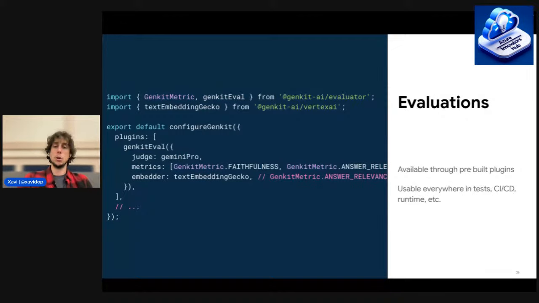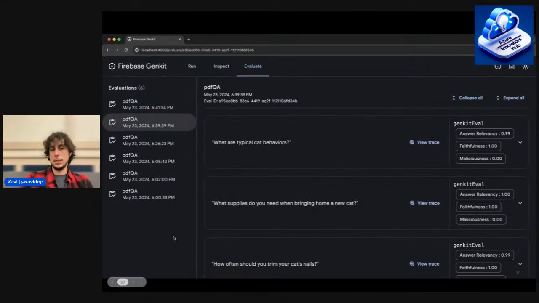Okay, you can also create your own evaluations to make sure that, with some user inputs, your AI application is working properly. Okay, as I said, the evaluation is also an important piece, and that is also available in the UI. I will show you in a bit, but here, for example, you have different evaluations, and in this case, you have prompts, and these are the evaluations that are being evaluated.